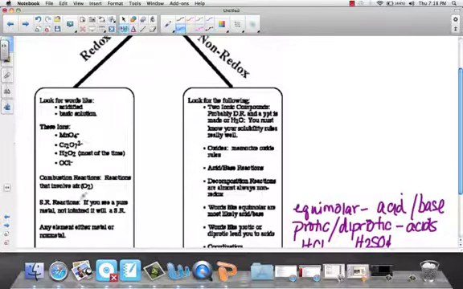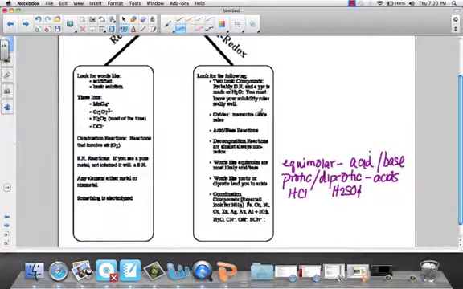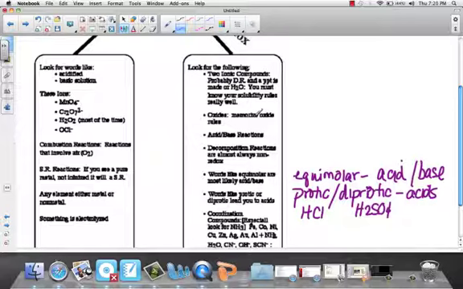If you see a pure metal and it's not ionized, then it will be a single replacement reaction.